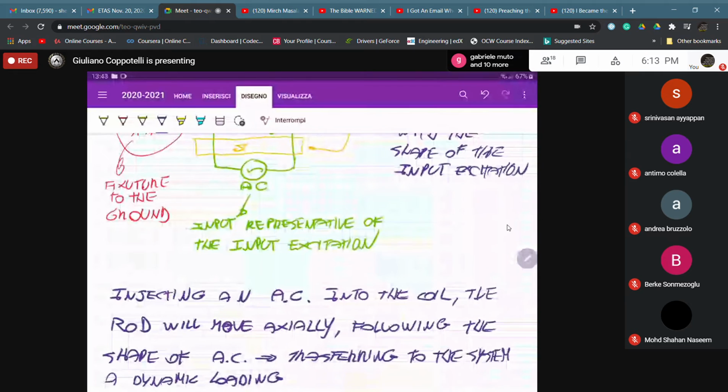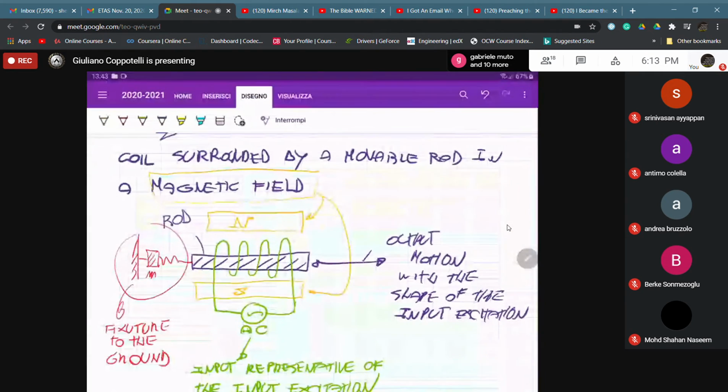And that's the reason why we are going to use such a system to excite the structure.